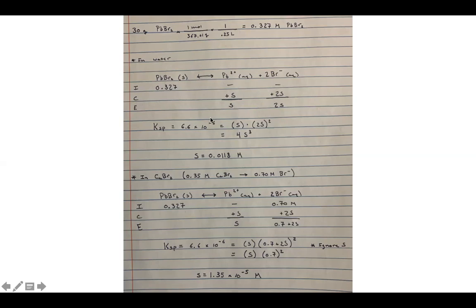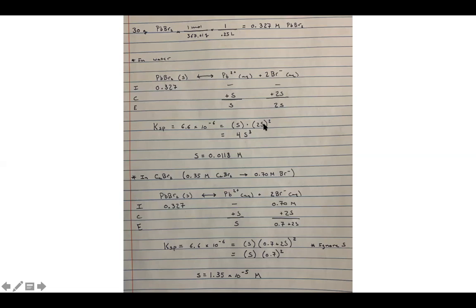Now we relate this to our KSP. Our KSP, which is 6.6 times 10 to the negative 6, is equal to our equilibrium concentration of lead 2 plus, which is S, times our equilibrium concentration of bromide, which is 2S. Because its coefficient is 2, we square it, so 2S squared.